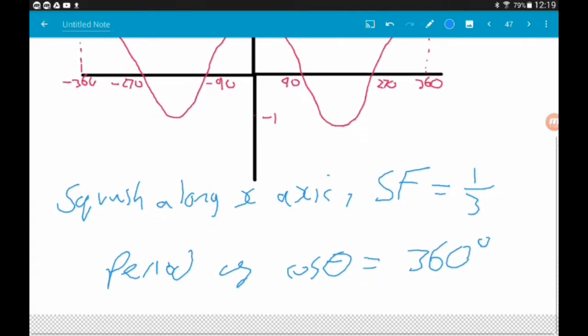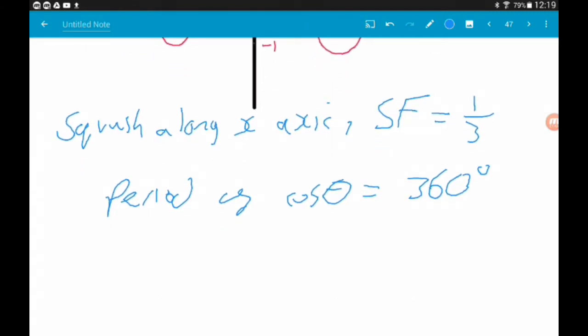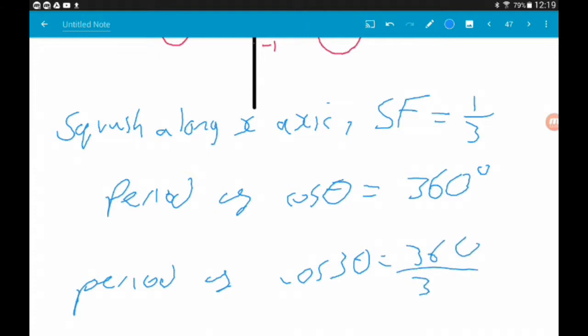So given that cos of 3 theta is a squash, we're going to have a smaller period. To find the period of cos of 3 theta, we divide the period of cos of theta by 3. So the period of cos 3 theta is 360 divided by 3, which is 120.